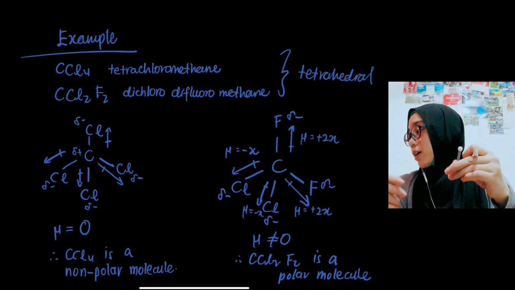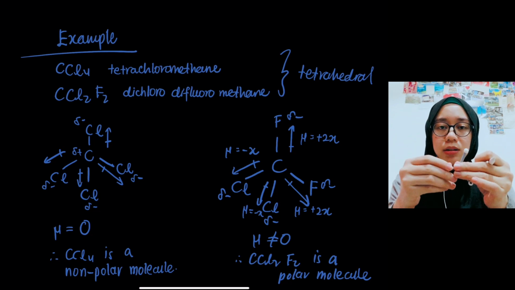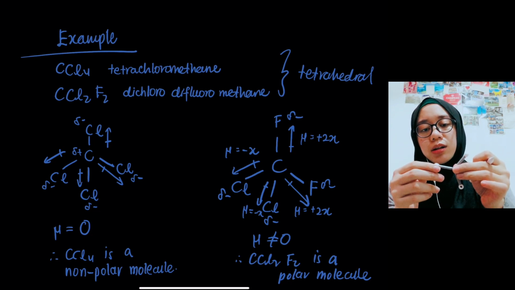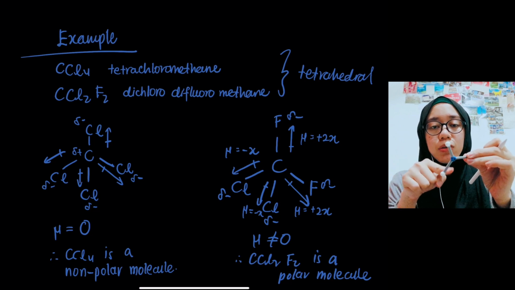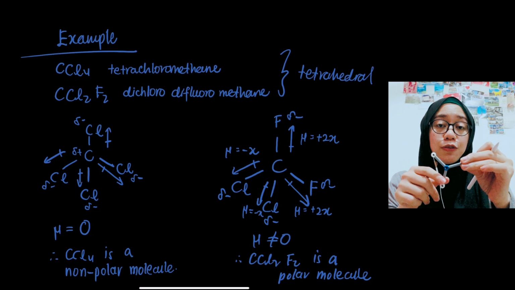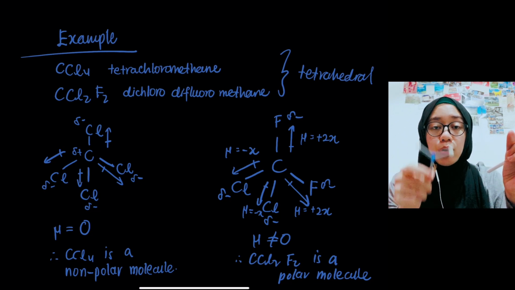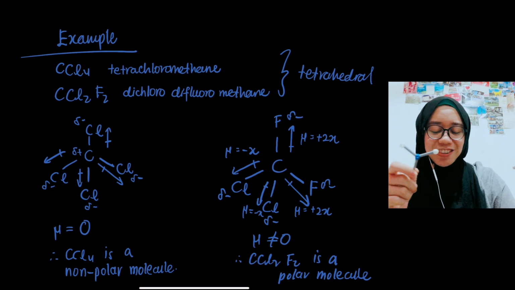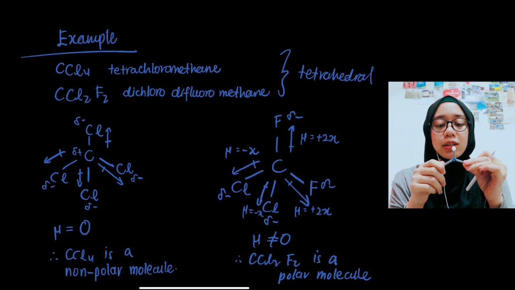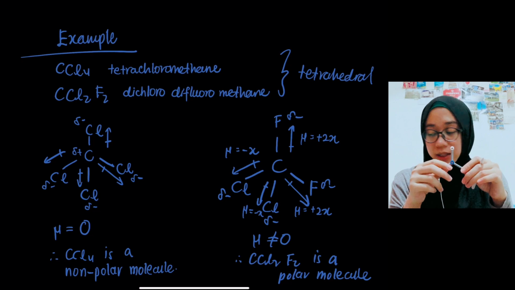Tapi if sama je dia punya terminal atoms, so the dipole moment can cancel off one another. Nanti dia akan dapat mu dia equals to zero. So it is a non-polar molecule. Okay, so just nak kena ingat yang tu lah. So sebab kamu belajar basic kan, so should be okay rasanya.